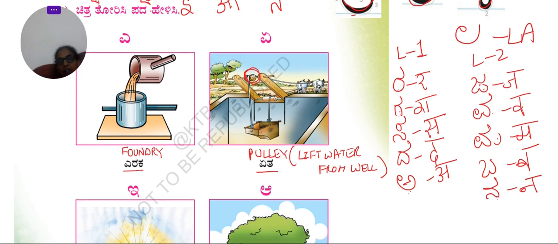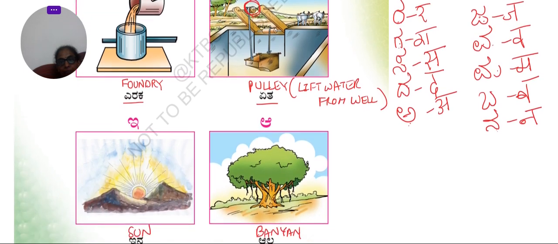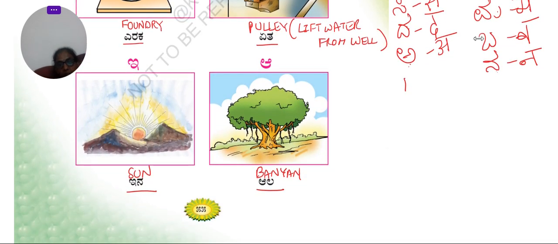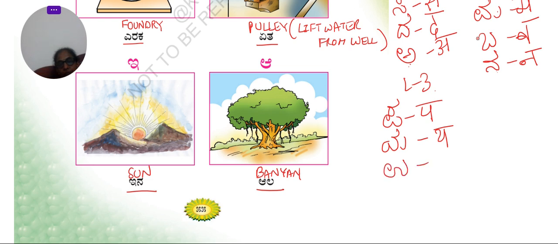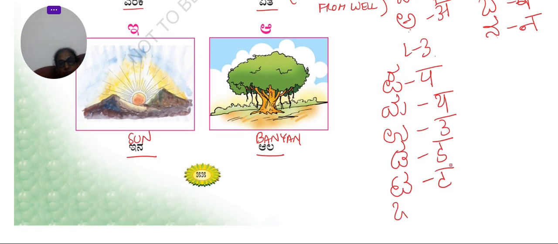Now in lesson 3 we had 6 alphabets: Pa, Ya, U, Da, Ta, and then we did Cha.